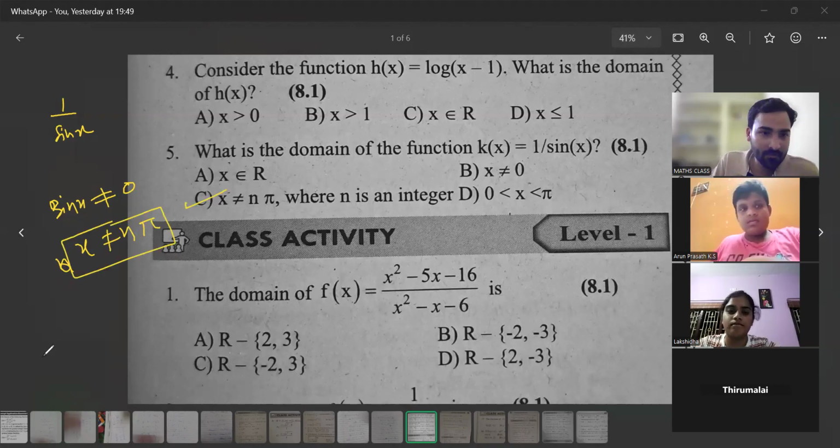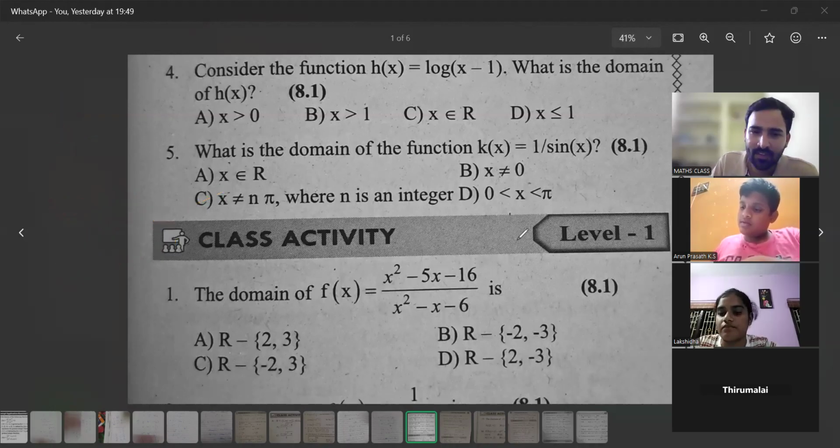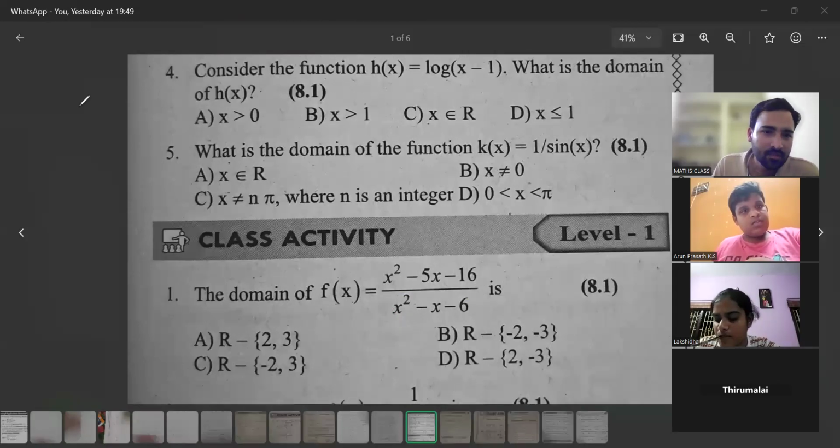Next, what is the domain for the next question? Again, this expression is only defined when the denominator is not equal to 0. For which values of x is the denominator 0? When x square minus x minus 6 is 0.